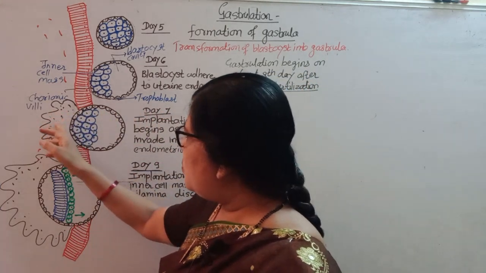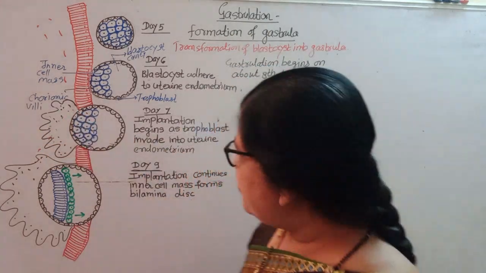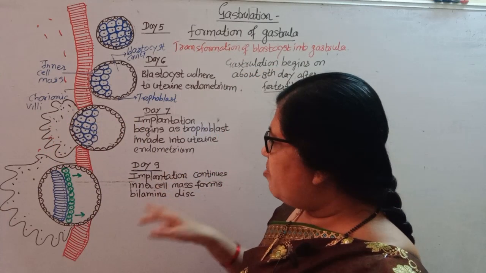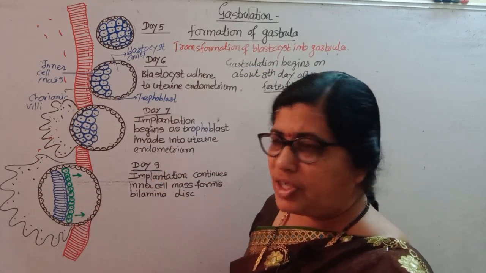So chorionic villi penetrate inside the endometrium. This is day 9 of fertilization. On about day 9, implantation continues and gastrulation starts.